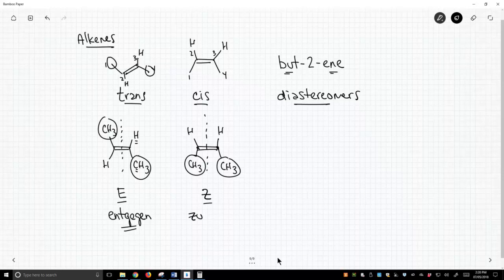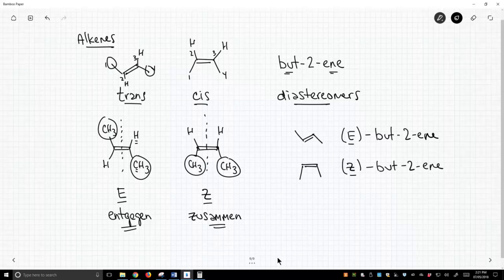And that's short for zusammen, which is German for together. So this structure would be (E) butene, with E italicized, and this structure would be Z butene.